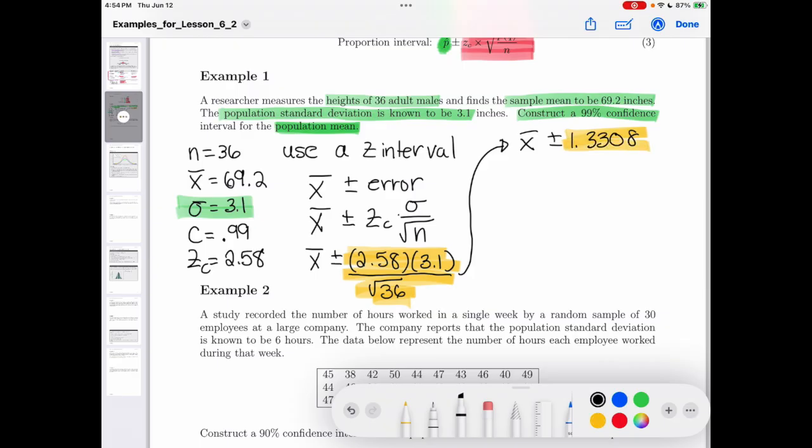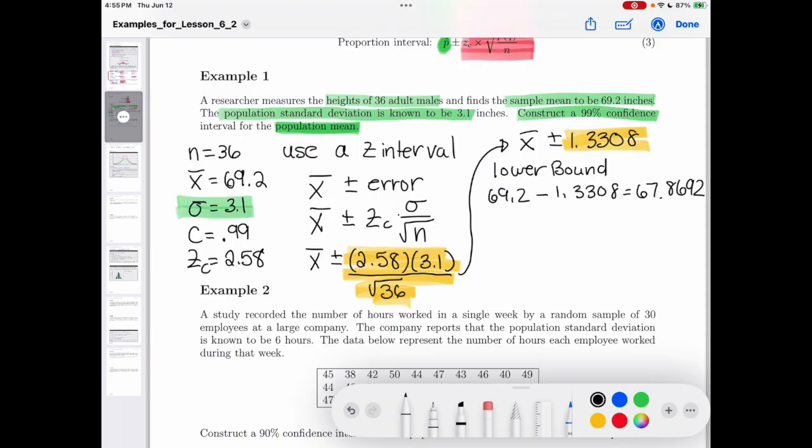Our point estimate is 69.2. I'm going to take the 69.2 and subtract the error, which is 1.3308, and I'm going to get 67.8692.